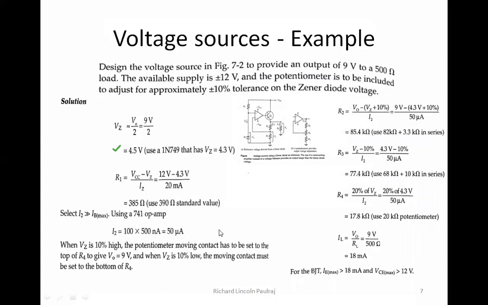For VZ, we are taking half of the output voltage, but IZ, how are we getting 20 milliamps? Anyone to answer that? Kevin, how is IZ 20 milliamps?